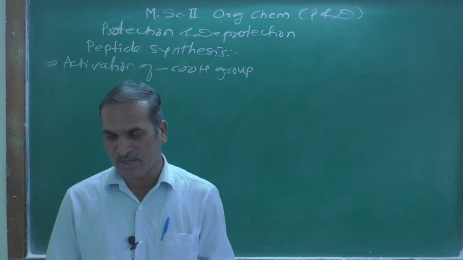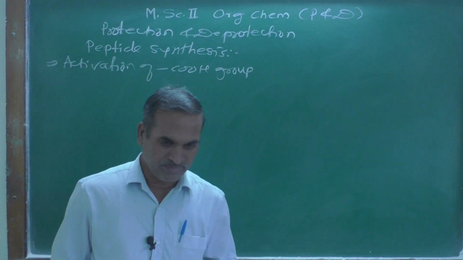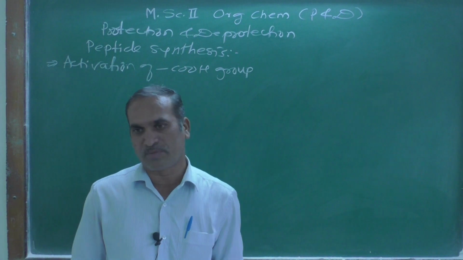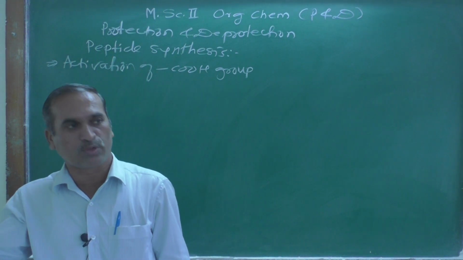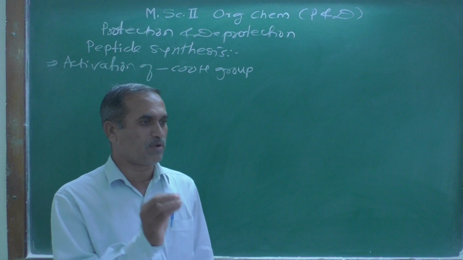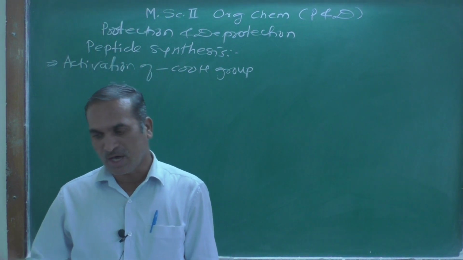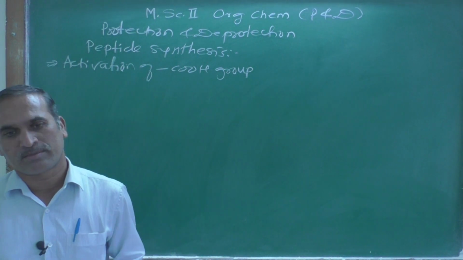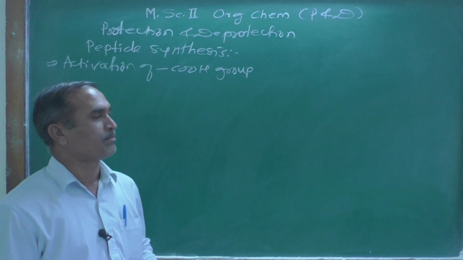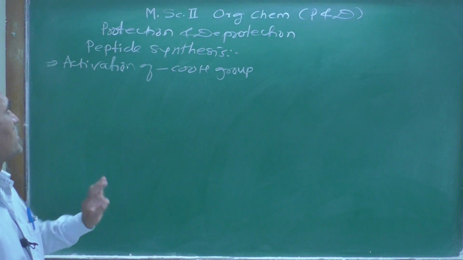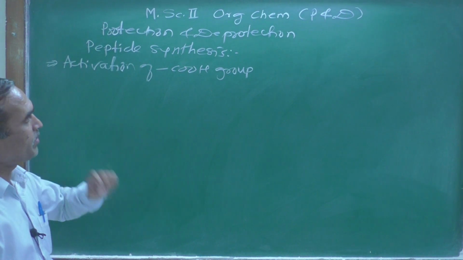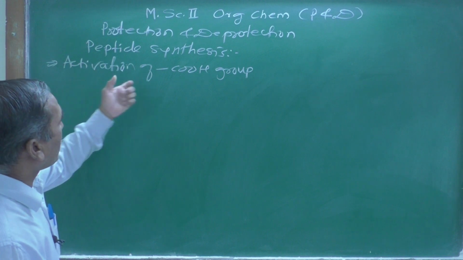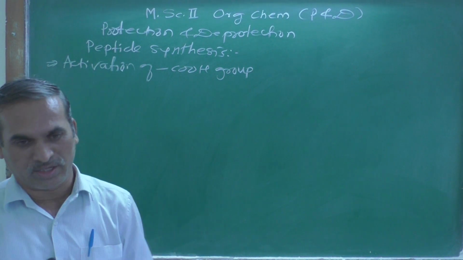So far we have learned what groups are used for the protection of the amino group, and what groups are used for the protection of the carboxylic group. Let us discuss today peptide synthesis, that is, activation of the COOH group.